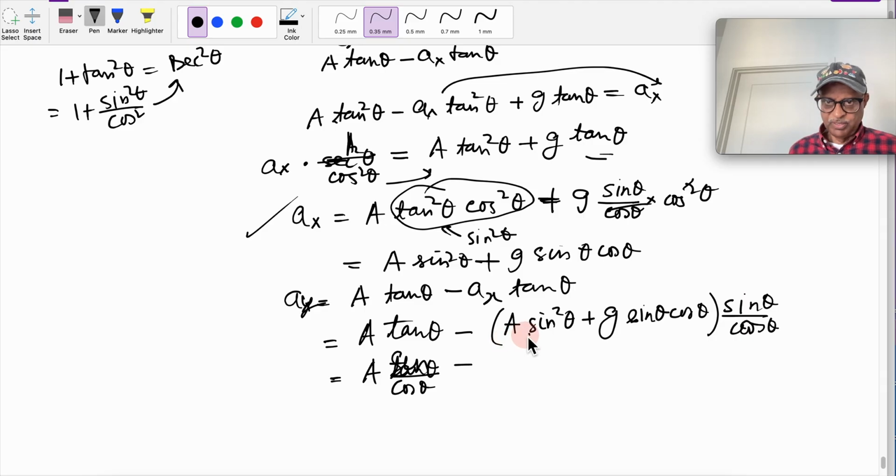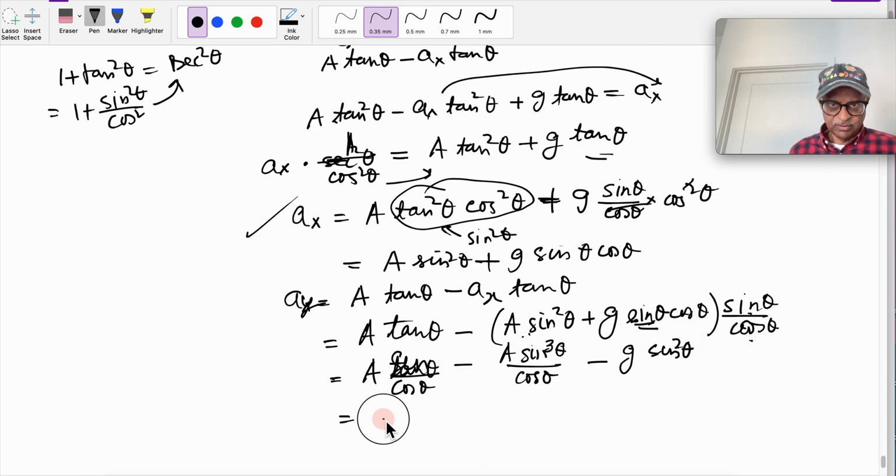So A sine cube theta over cosine theta minus G sine square theta. Sine over cosine kills it.